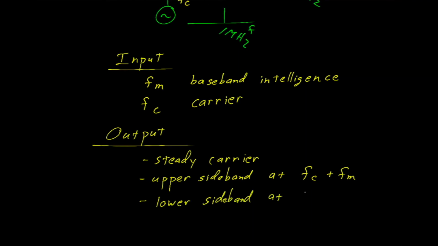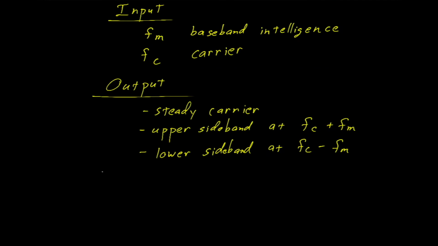And that occurs at FC minus F sub M. The bandwidth of our AM modulator, B, is the frequency of the upper sideband minus the frequency of the lower sideband.